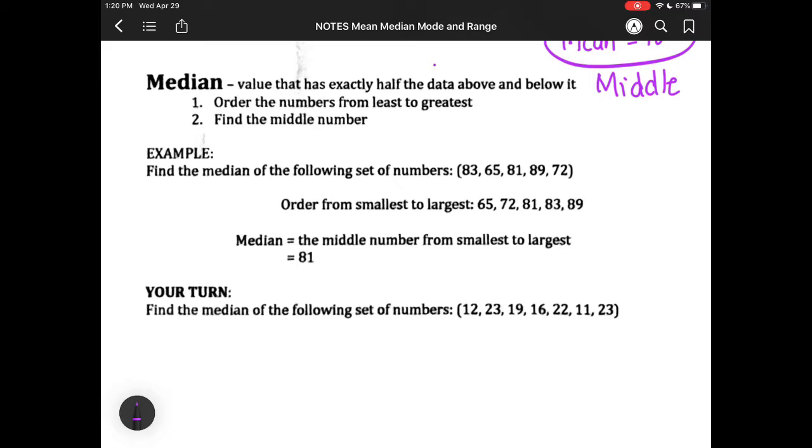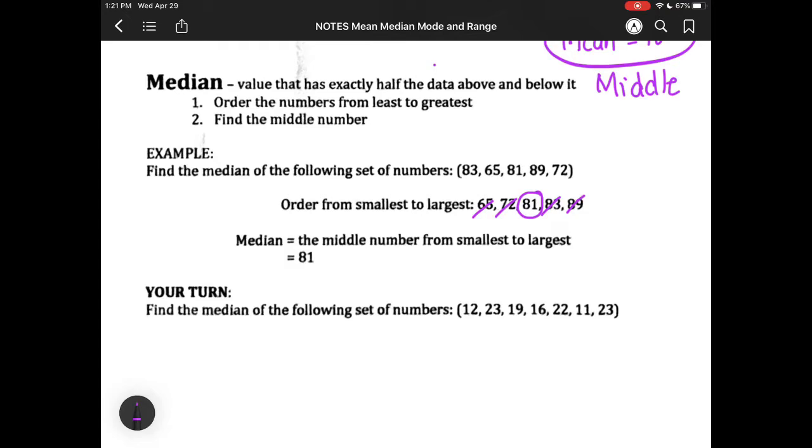And they tell you that you must order the numbers smallest to largest or least to greatest. And so they did that. And then it says the middle number from smallest to largest. So when you count in, a lot of times I mark them off. I go this way. 65 and 89 are counted out. 72 and 83 are counted out. And that leaves me 81 to be my number in the middle.